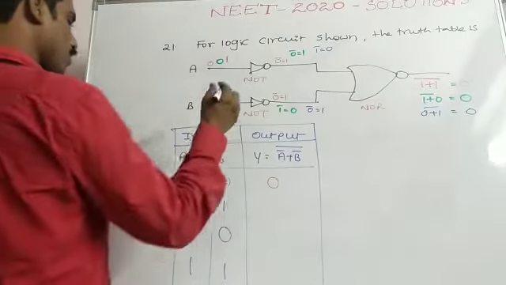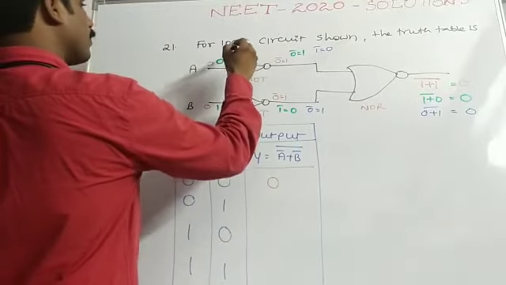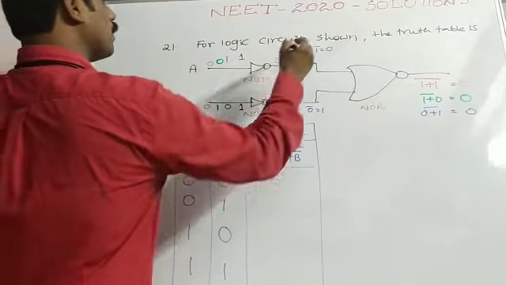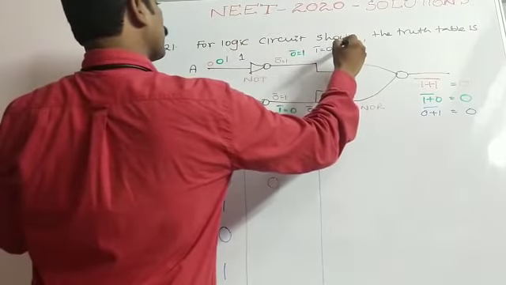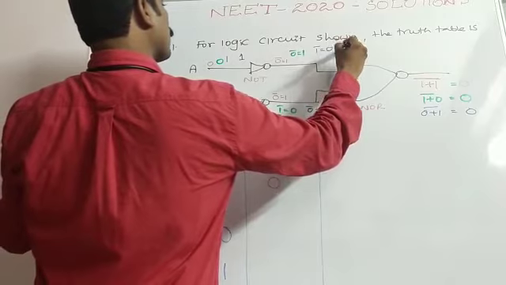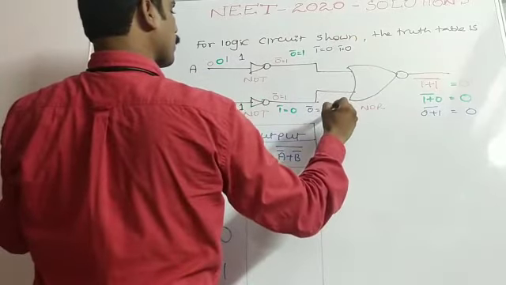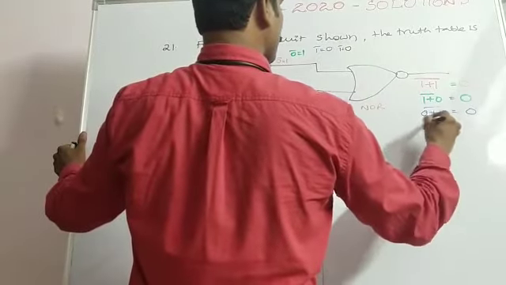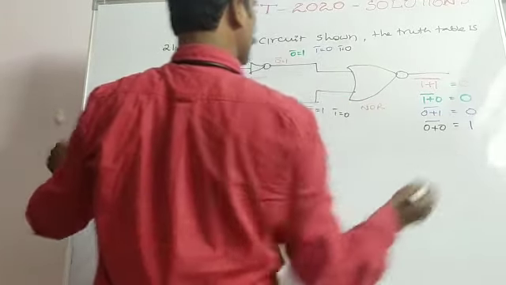Now 1, 1. Here we have to give 1, here I have to give 1. For 1 bar equal to 0, here also 1 bar equal to 0. 0 plus 0 bar equal to 1.